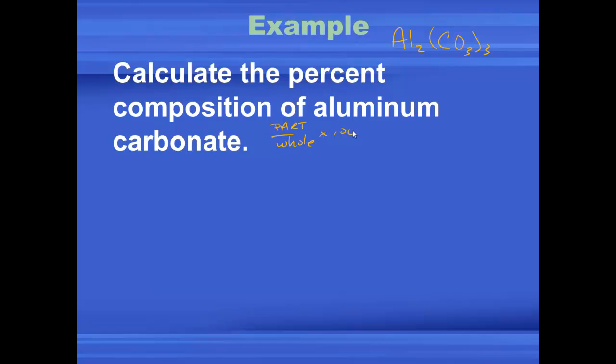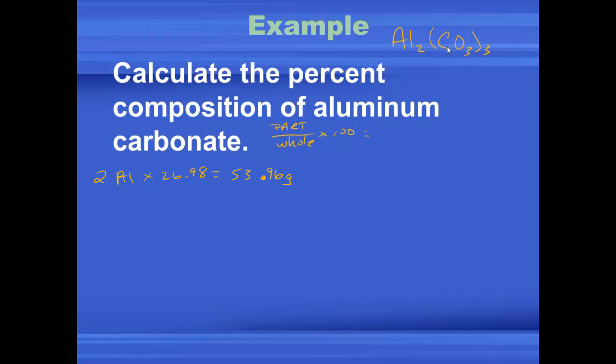My whole is my whole molar mass. My parts are the individual elements that I'm looking for. So I need to get the whole molar mass of all my elements here. So 2 aluminums, and aluminum is 26.98, and I do that math times 2 gives me 53.96 grams.